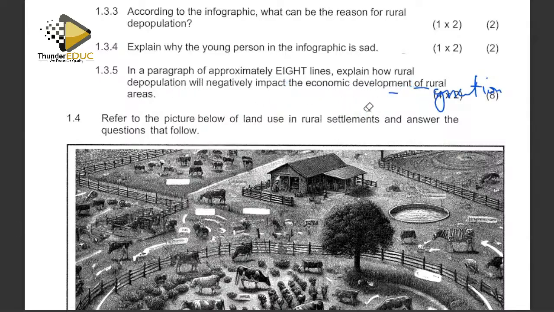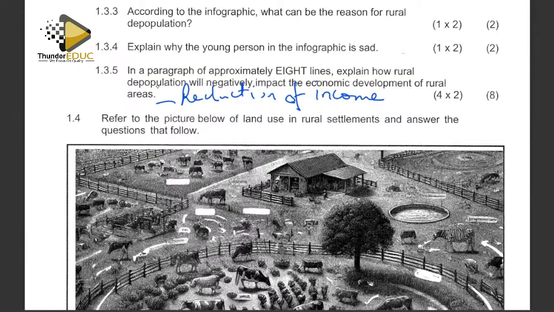Then besides that, we can also look at reduction in income. The level of income also gets reduced. Income is also going to get reduced since there's no more productive labor force and no more gainful employment.